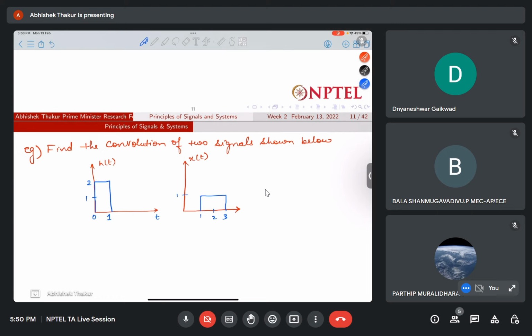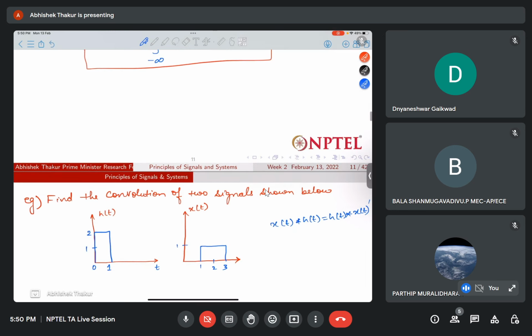We also know that xt convolution ht is equal to ht convolution xt. You have already studied this in the week 2 lecture in NPTEL. This is the commutative property of convolution.